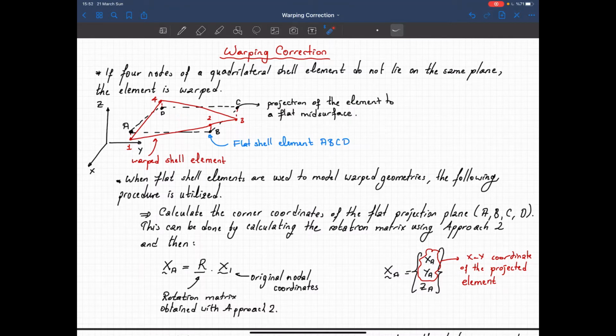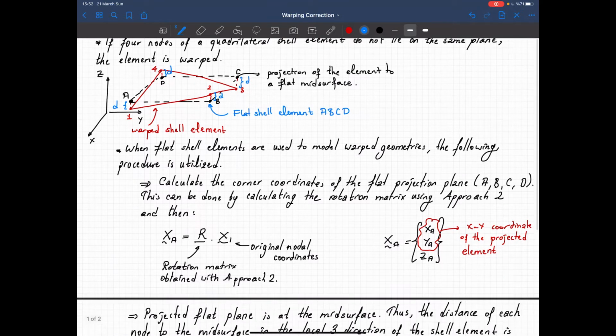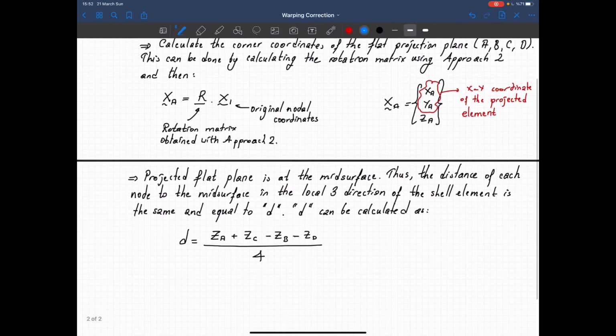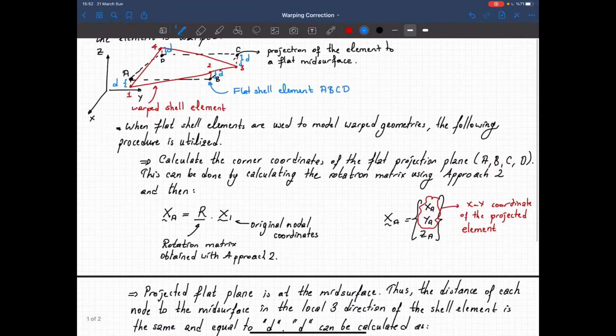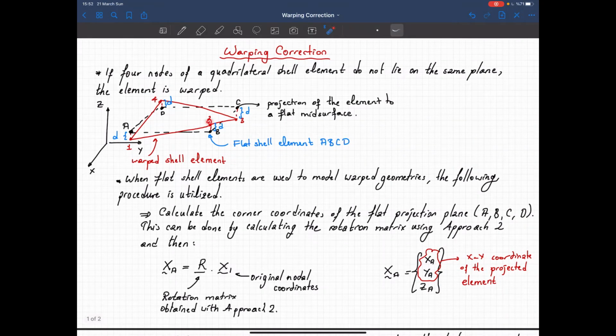And in the local 3-axis direction, if you measure the distance, you will see that that distance will be equal to D, and you can determine the value of that D with the following operation. Okay? All right, now we know what D is. We know what this one is. I can calculate the element stiffness matrix for this flat plate.